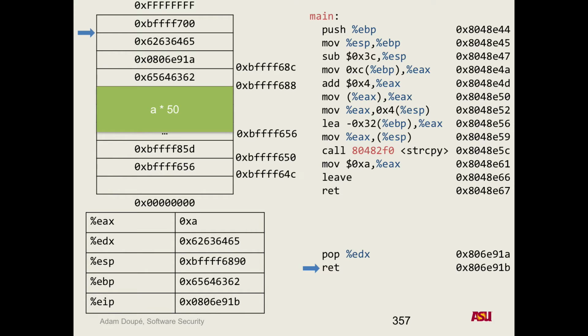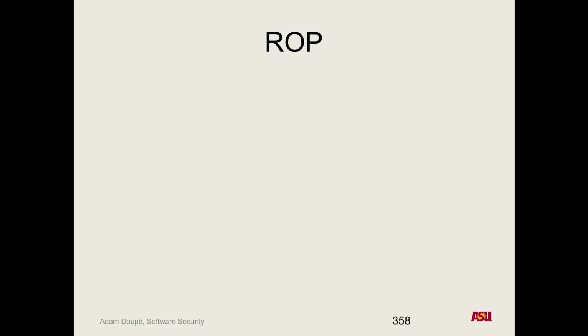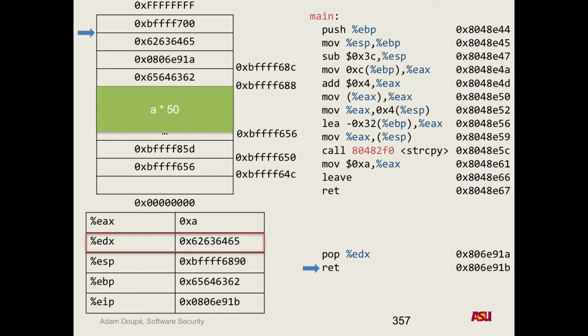Segmentation fault. It's going to try to execute BFFFF700. Right, so it's going to error out. But here we can see that by putting the value on the stack as part of our exploit, as part of our stack overwrite, that gadget will copy whatever's above it on the stack and put that into EDX.